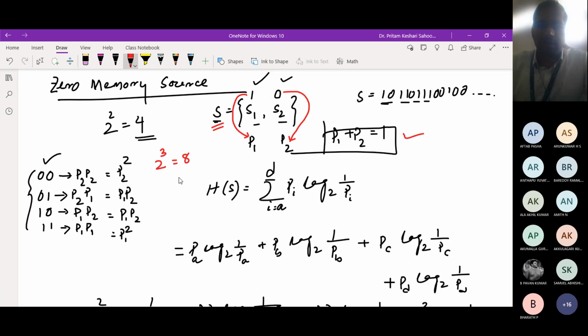So you have a total of 8 symbols in case of the third extension. So what are those 8 symbols? Those 8 symbols can be like this.